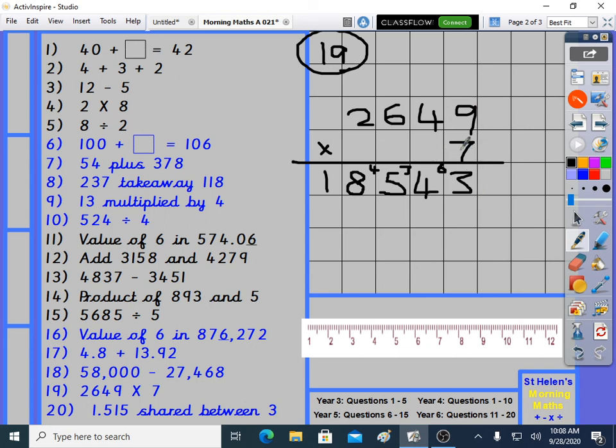Let's check my times tables. 42 and 6. That's okay. 28, 34. Okay, last question I can fit in at the bottom.